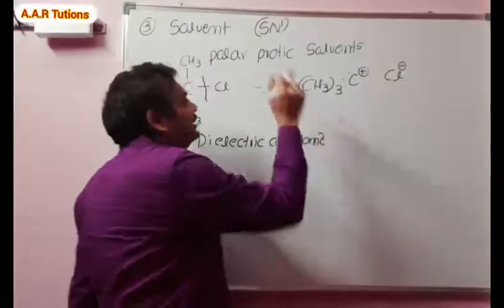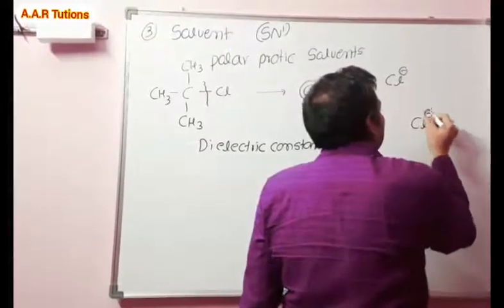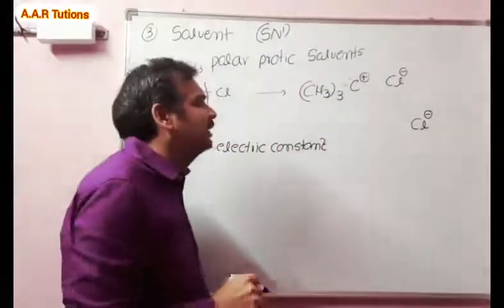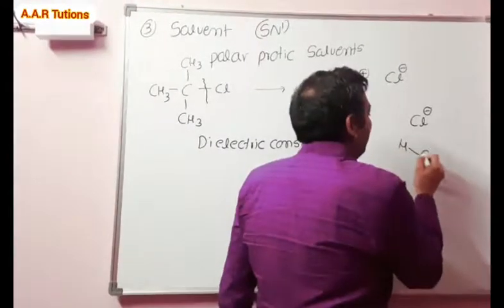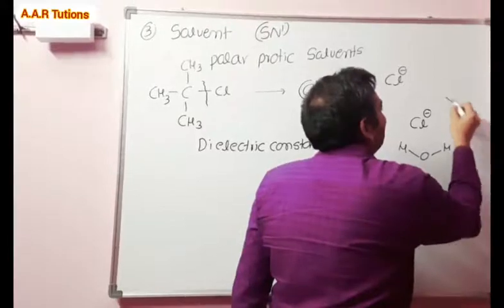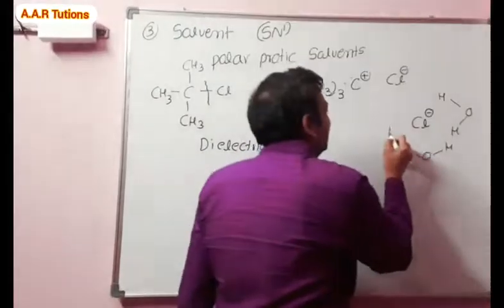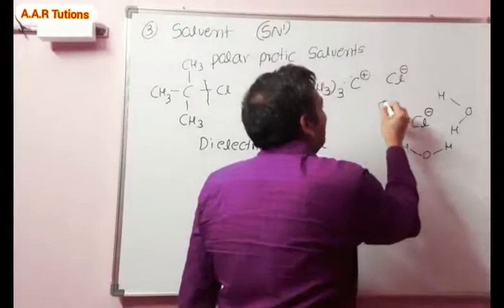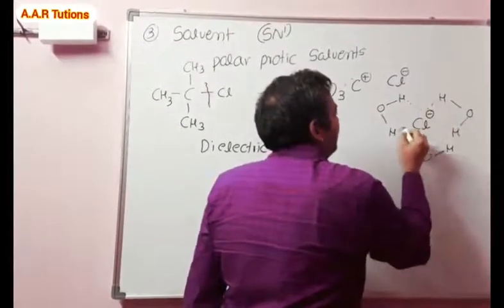Once the nucleophile Cl minus is formed in the first step, it is surrounded by protic solvent. As soon as this Cl minus is formed in the reaction, the protic solvents used in the SN1 reaction surround this nucleophile.